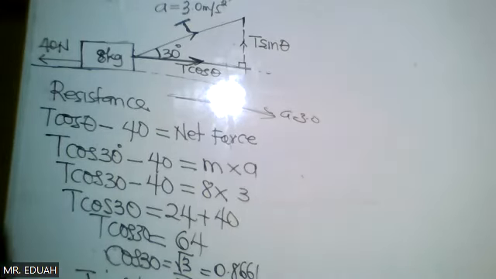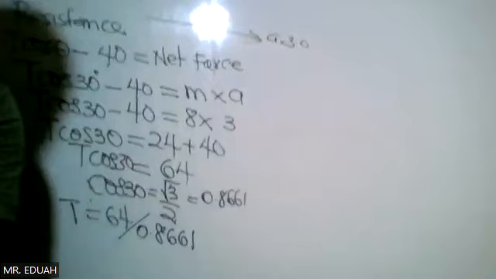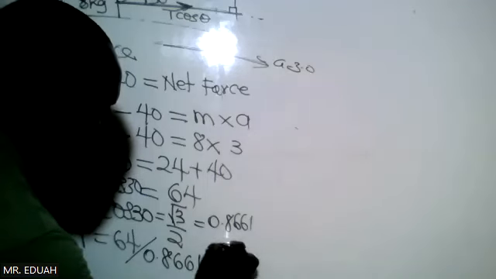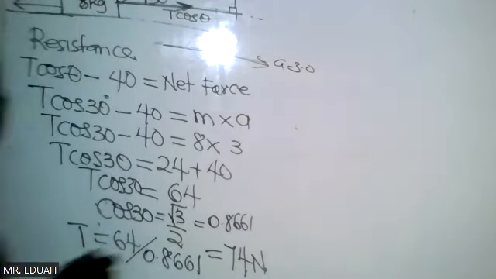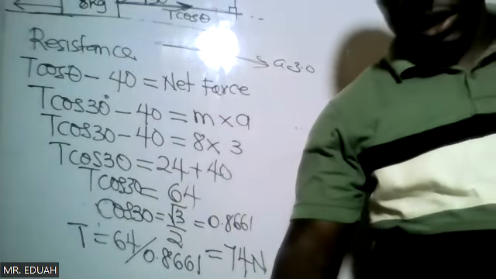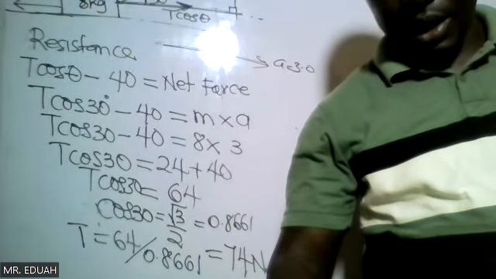Please compute and then give me the final value. What's the final answer? 73.9, which is approximately 74. This is 74 Newton to be the tension in the string. If you have concerns, let me know to address.